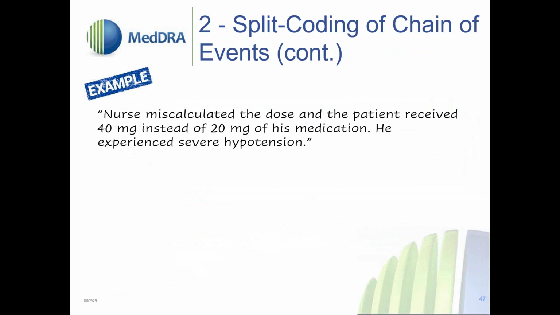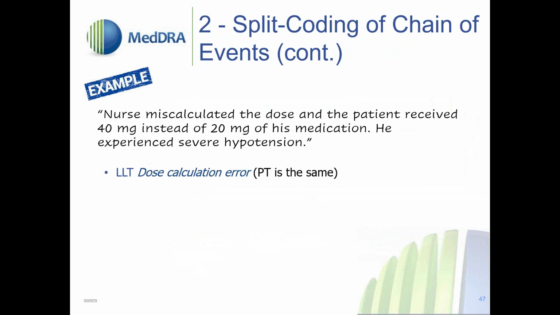Again, an example for this principle: it is reported that a nurse miscalculated the dose and the patient received 40 milligram instead of 20 milligram of his medication. He experienced severe hypotension.